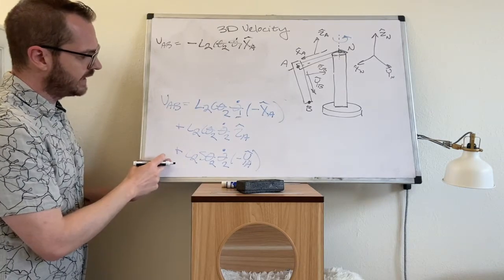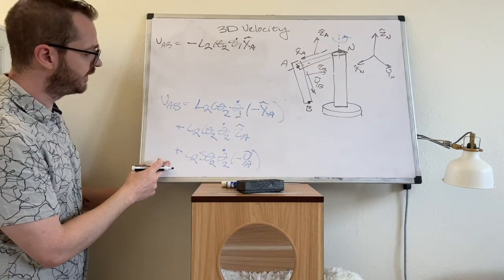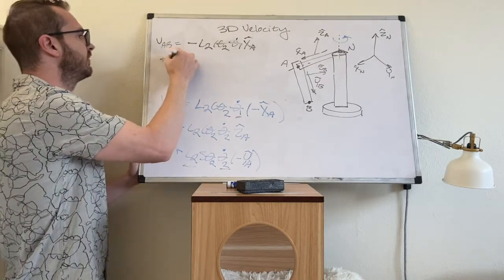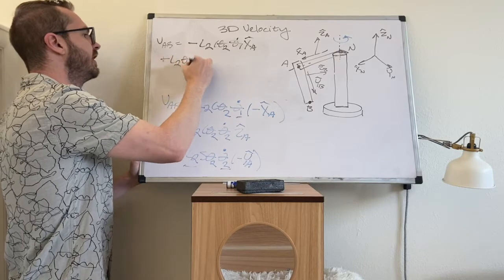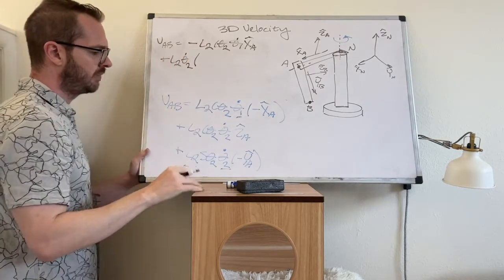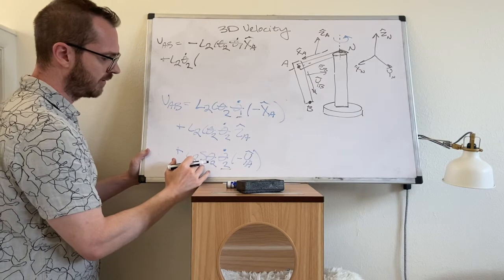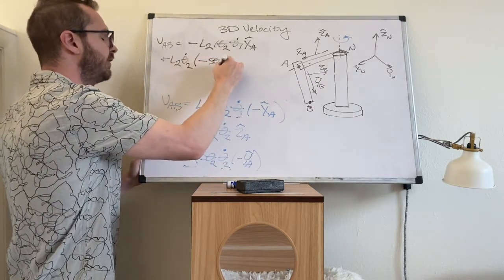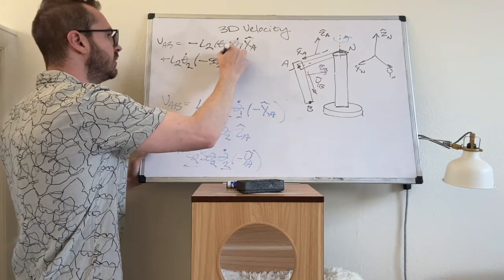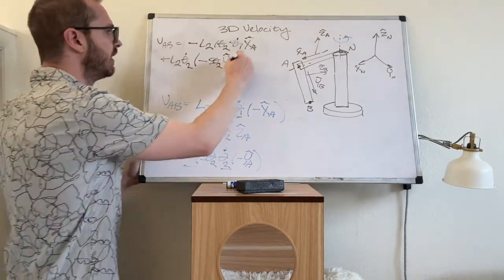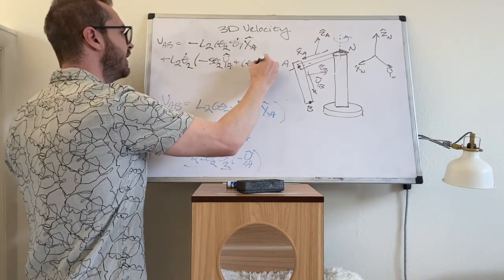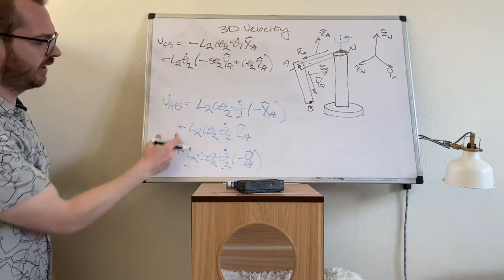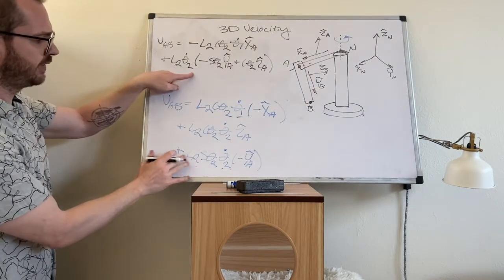On this next one, we can actually factor some things out. We could factor out the L2 and the theta 2 dot. So let's say plus L2 theta 2 dot, and then this is multiplied by negative sine theta 2 YA, plus cosine theta 2 ZA. So I've combined these two, factored out the L2 theta 2 dot.